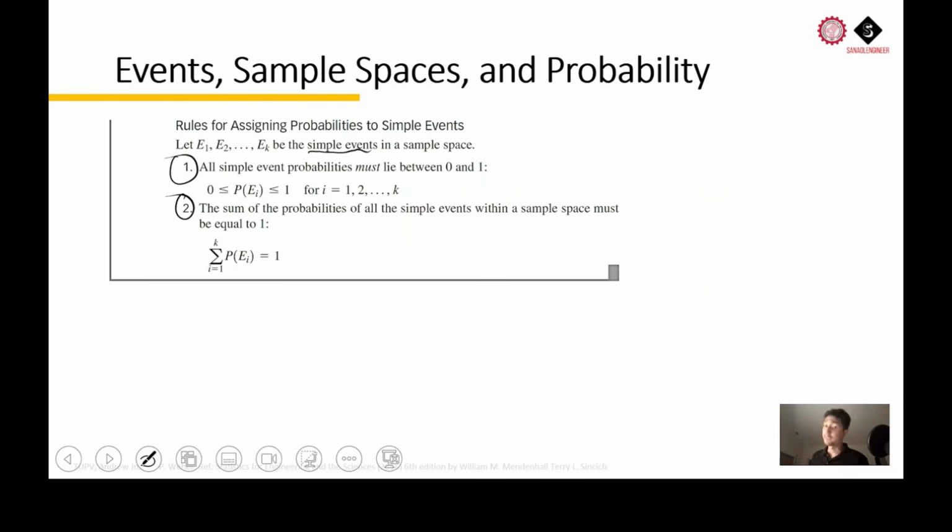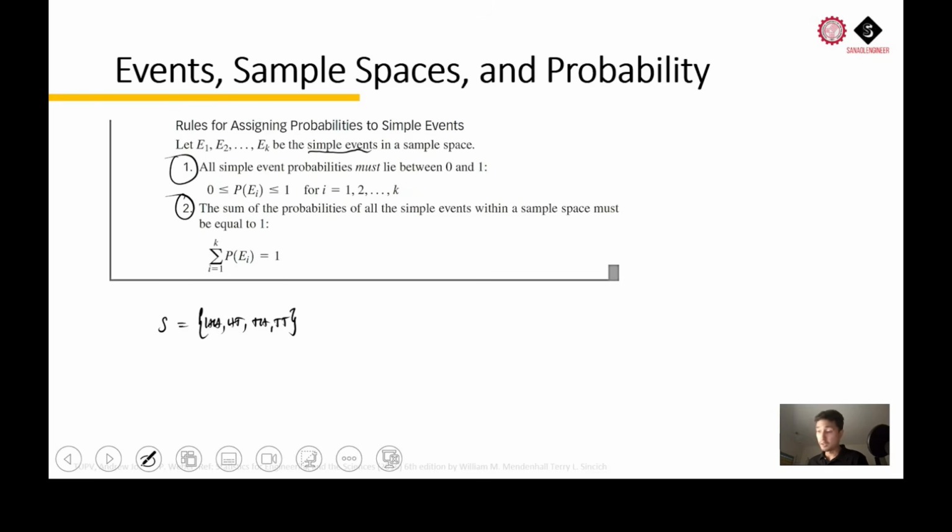Okay? So, for example, we recall the very first example, we have the sample space of HH, HT, TH, and TT. So the probability of HH, HT, and so on is equal to the number of that simple event over the total number of sample events, which is 4.